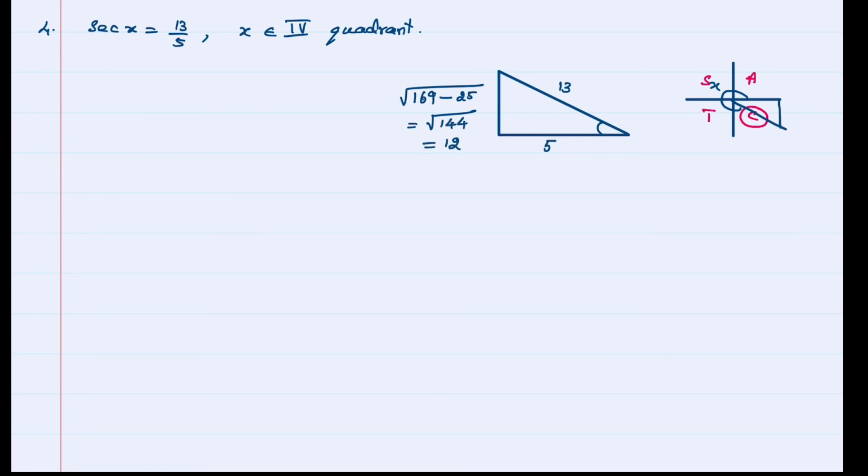We will write the other 5 trigonometric ratios. Sin x is negative in the fourth quadrant.